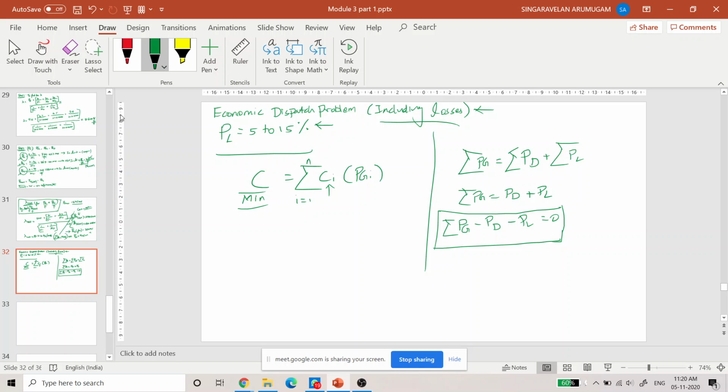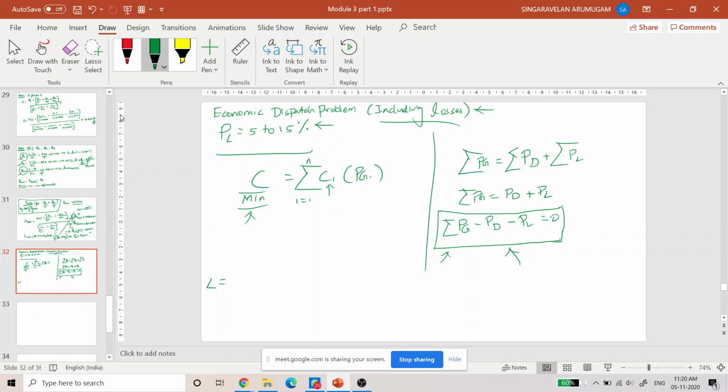We need to maintain this constraint while achieving the objective of minimization. As we already know, we use the Lagrangian method to solve this type of problem, and we include these constraints in the Lagrangian. The Lagrangian function L is the augmented function of the objective function as well as the constraints.